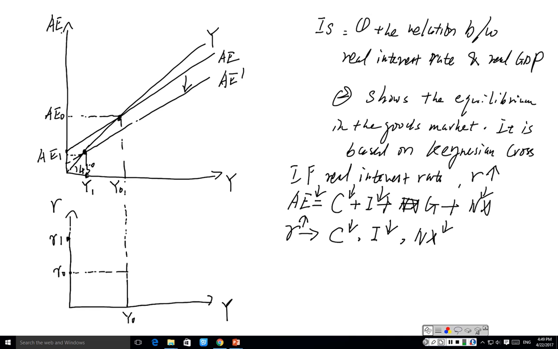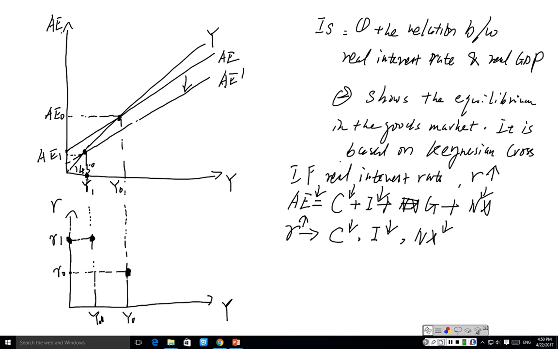The new equilibrium output is at Y1, so we extend the Y1 line to this graph here. Which means at a higher level of interest rate R1, we have another point here, Y1. Initially, the economy is at R0 and Y0.